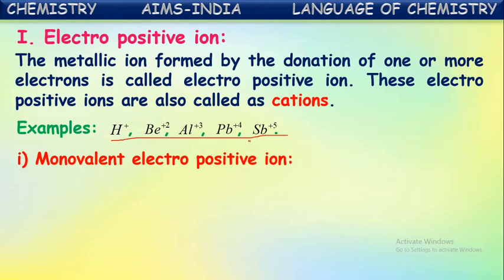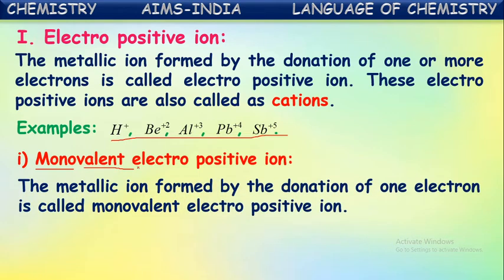One of them is monovalent electropositive ions. Mono, nothing but single. Monovalent means single valency. The metallic ions formed by the donation of one electron are called monovalent electropositive ions.